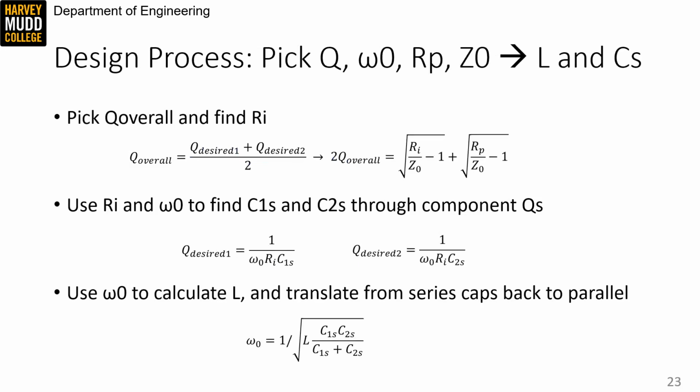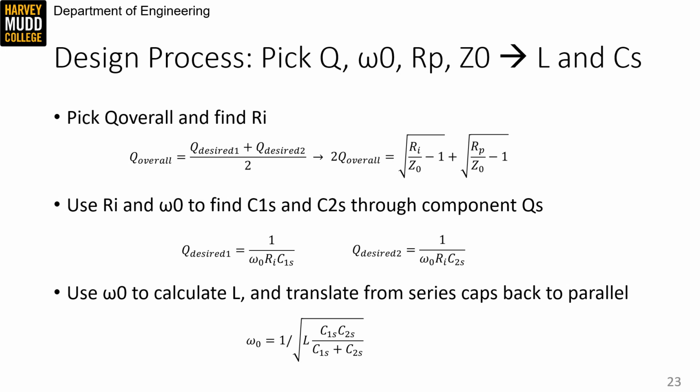Unfortunately, doing so is a mess, so I'm going to gesture in the direction of design equations, but I'm not ever going to expect you to design a pi or a T network with hand analysis. These are great problems for computers, and they're pretty joyless ones for humans. But at any rate, we start by picking our desired Q, which is the great affordance that a pi network grants us.